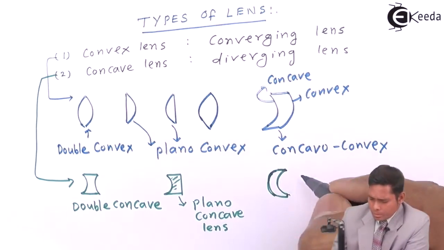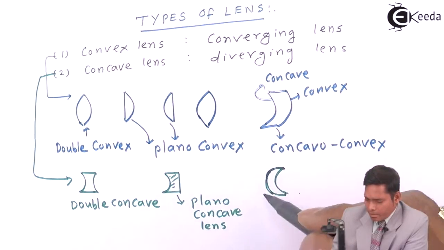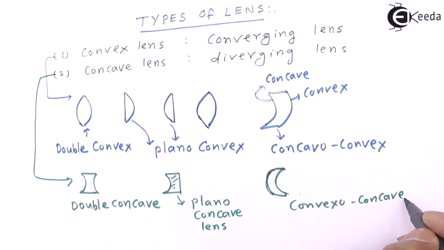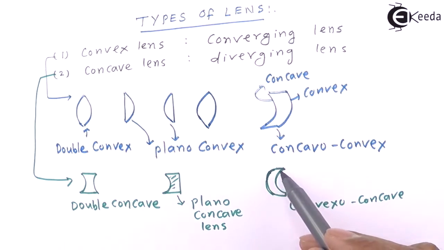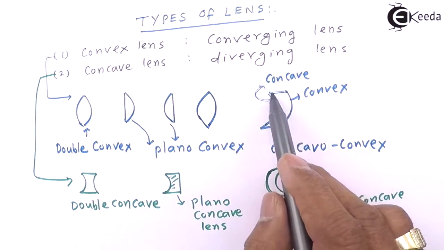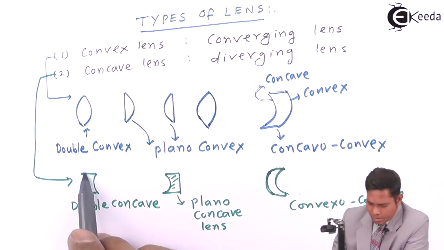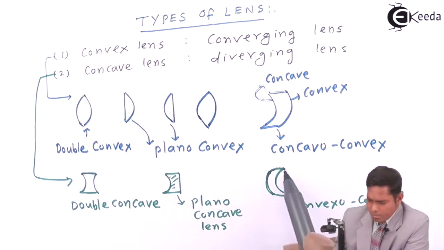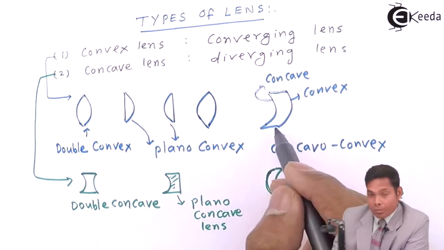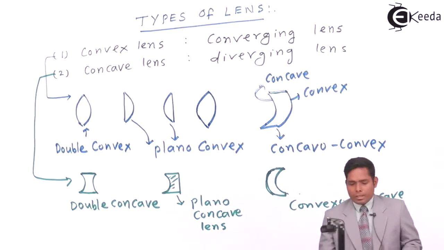Basically the diagram of convexo concave would be something like this, and for concavo convex it will be something like this. Here that will be very less. This diagram is just the opposite, because here this is wider and this is a minimum. So this is more like concavo convex, and this diagram is more like convexo concave. This is more like a concave mirror, and this is more like a convex mirror. So you can reverse the diagram because of this.